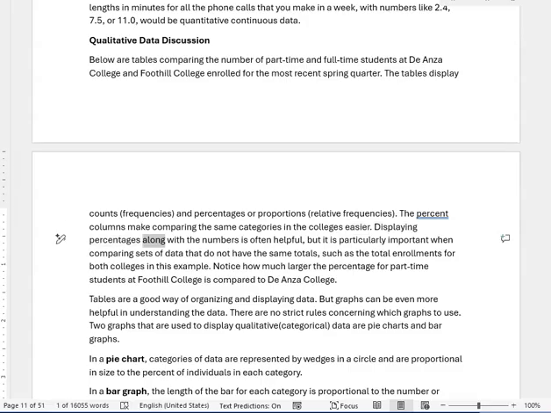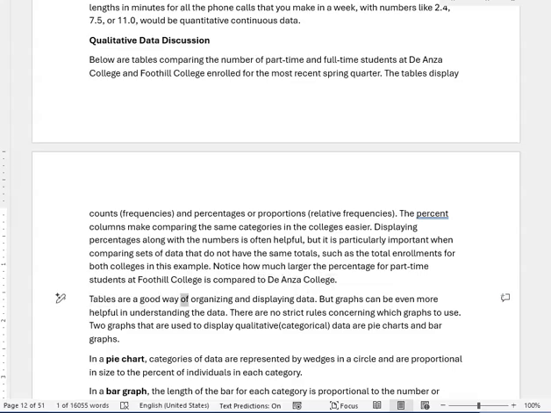Displaying percentages along with the numbers is often helpful, but it is particularly important when comparing sets of data that do not have the same totals, such as the total enrollments for both colleges in this example. Notice how much larger the percentage for part-time students at Foothill College is compared to De Anza College.